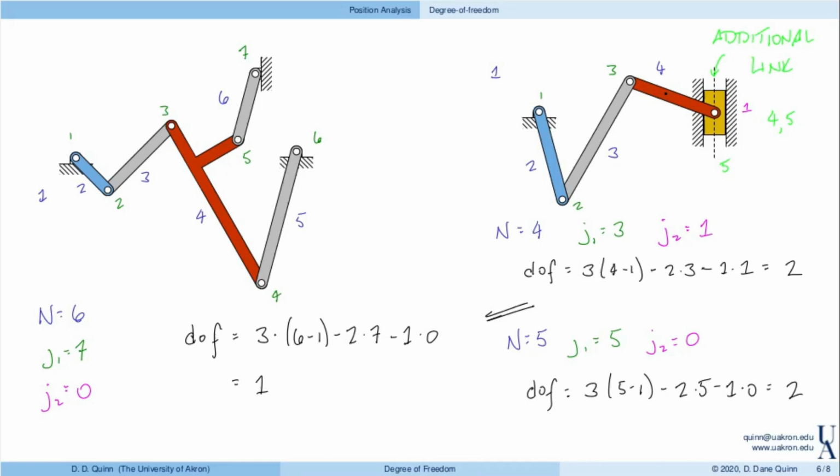So depending on how you think about sliders, you can calculate the degree of freedom in a couple of different ways, but ultimately you get the same answer because the degree of freedom is a property of the system.